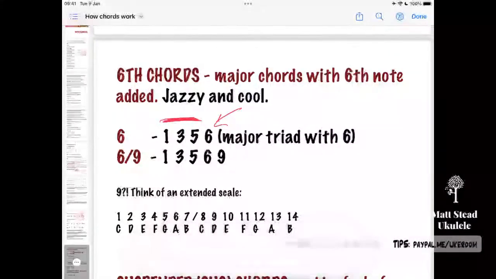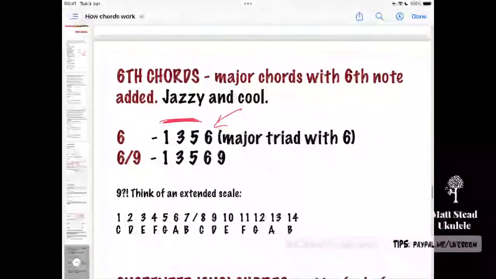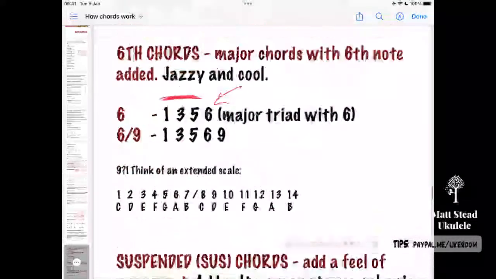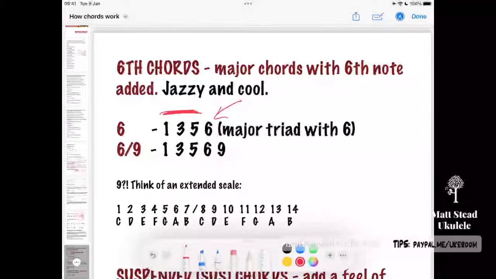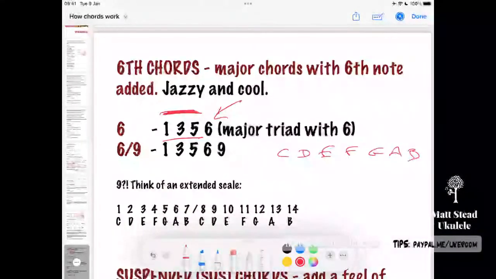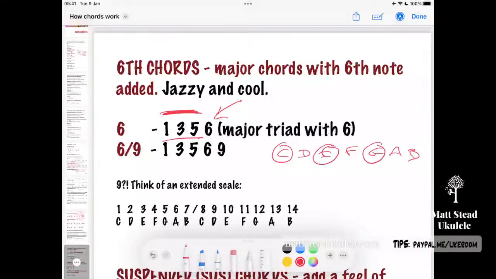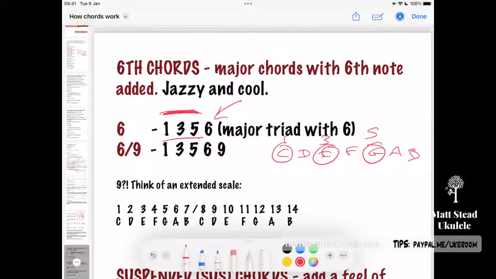So the example I've got here, if we want to build a C6, have I written it down somewhere? No, I haven't, so I'll just draw it out for you. The 1, 3, 5 in the key of C is C, E, and G. To turn a C into a C6, we literally just add the 6th note as well.